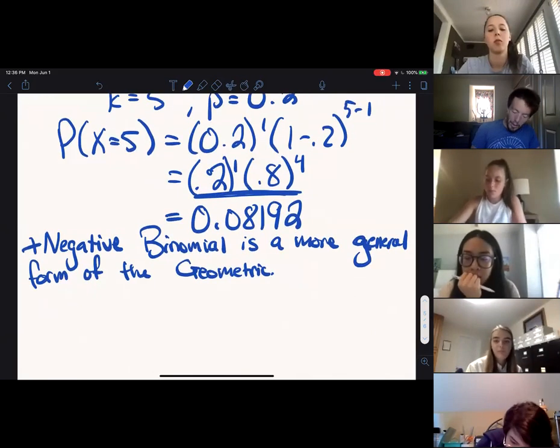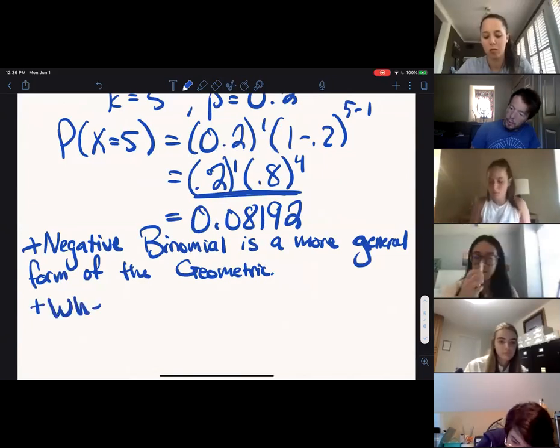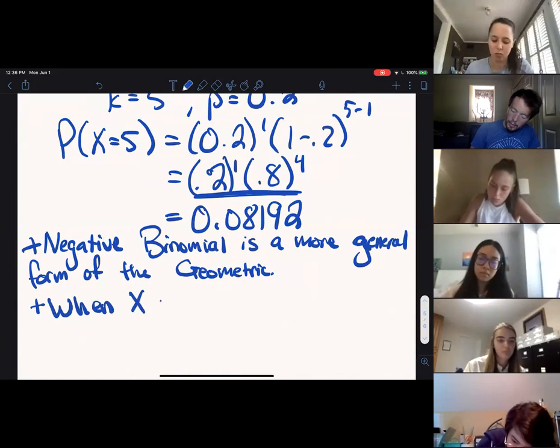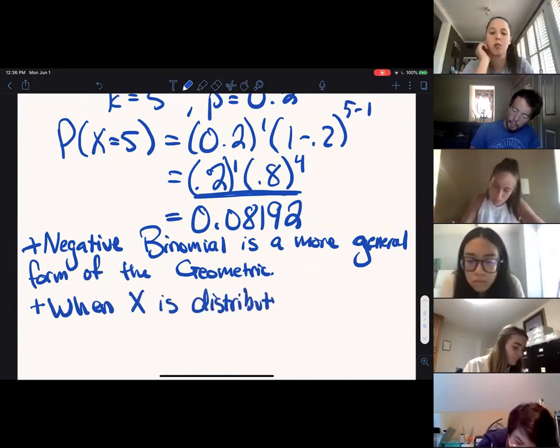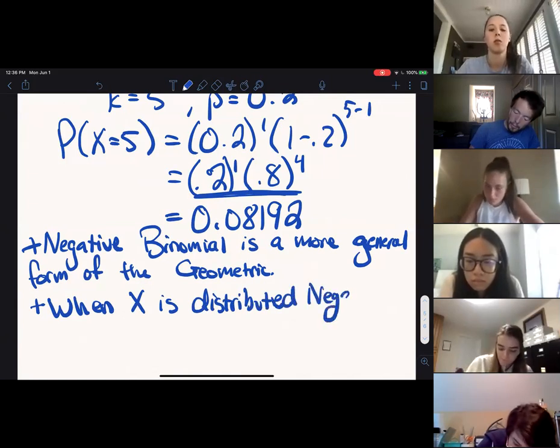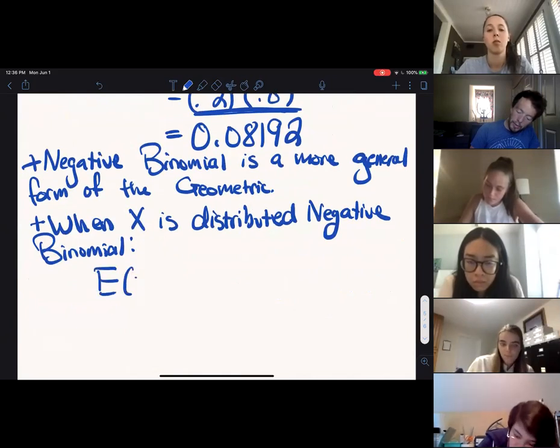All right, so that is the negative binomial, and just like all the other ones, I'm going to tell you when x is distributed negative binomial, there are also these formulae.